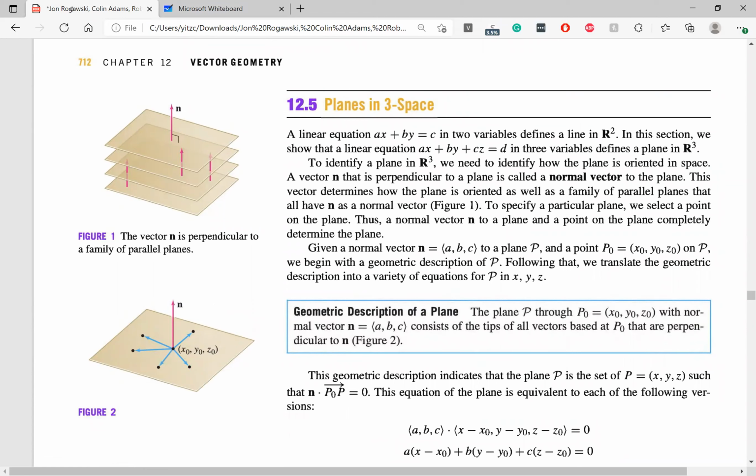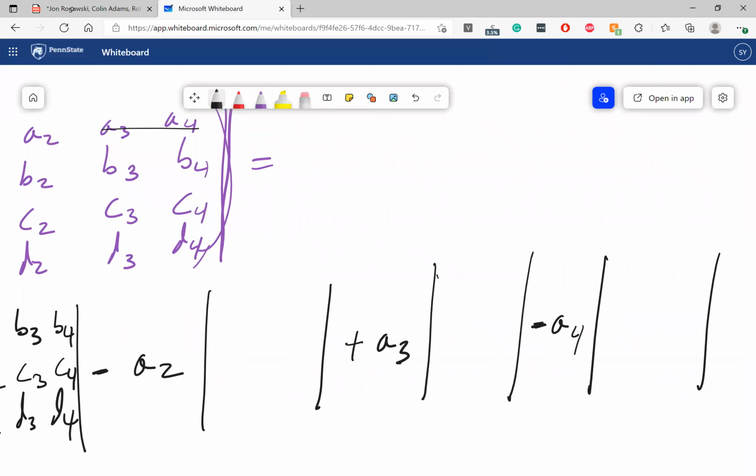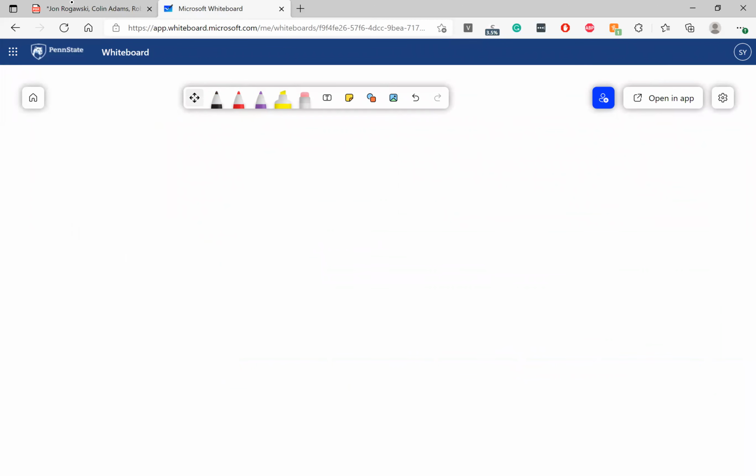So now that we know something about the cross product, we can move on to the next topic, which is planes. And we will see that planes are very important for multivariable calculus, because the same way that in one-dimensional calculus, we use lines, we calculate the tangent lines to curves.